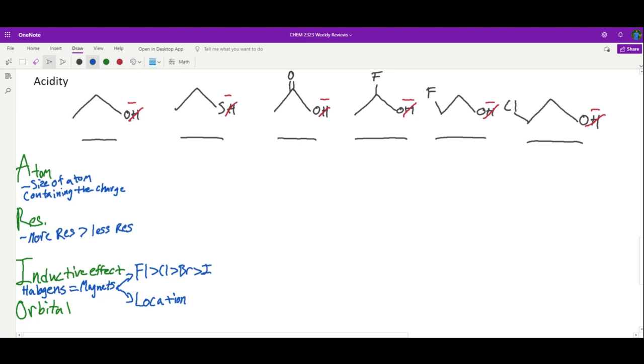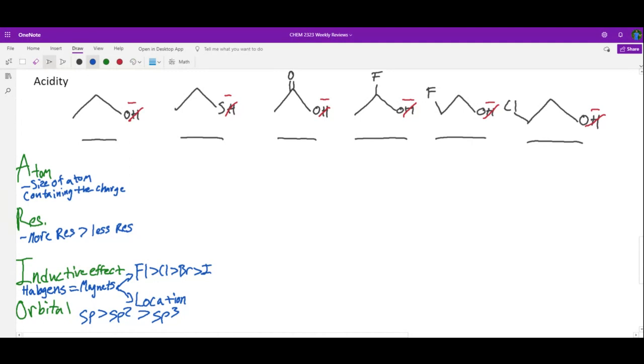All right, and orbital just means sp is greater than sp2, which is greater than sp3, okay? So this isn't used as much, but basically the greater your s character, the greater the acidity and stability is, okay?